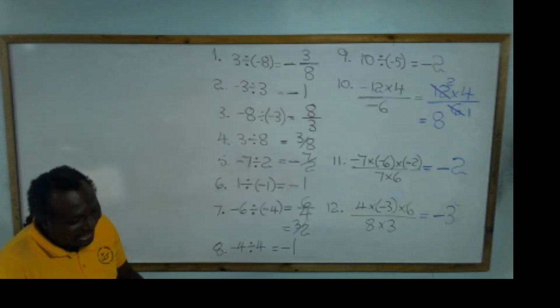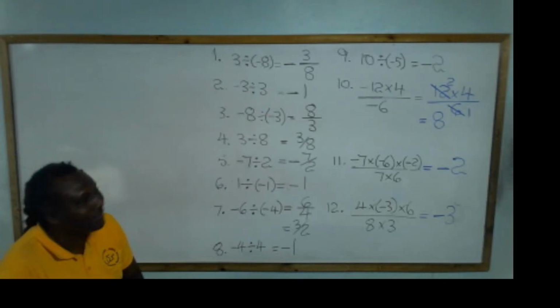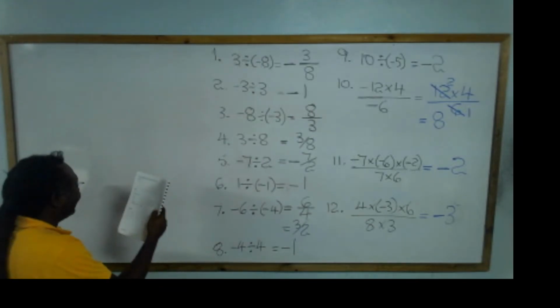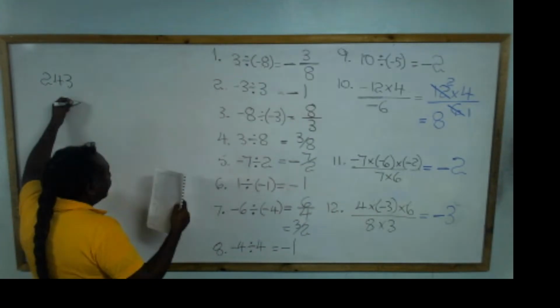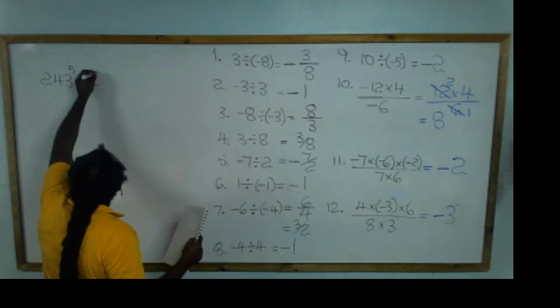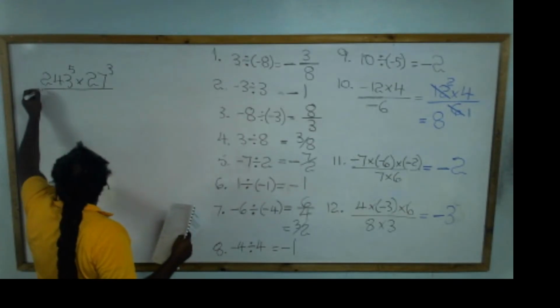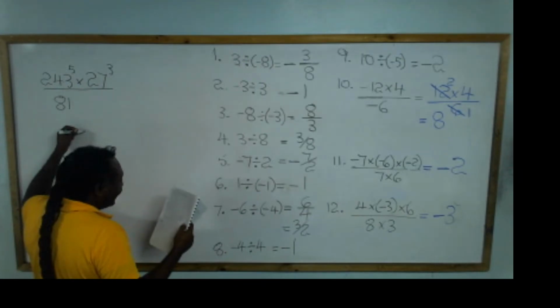When the live ended on Thursday, the students were given this problem to solve. And of course, you solved it. Quite a few of you solved it and got it right. But let us do it again now. 243 to the power of 5 times 27 to the power of 3 over 81 to the power of 8.